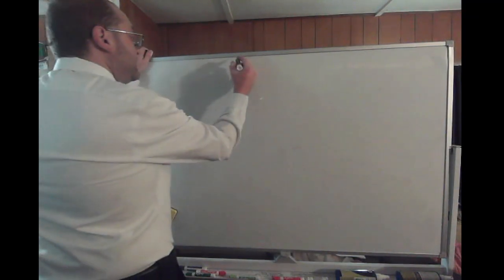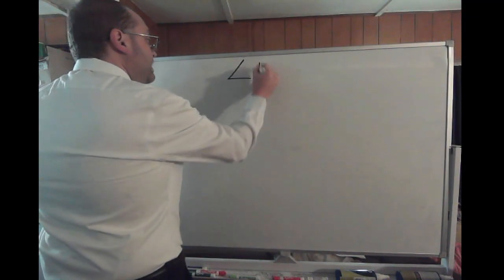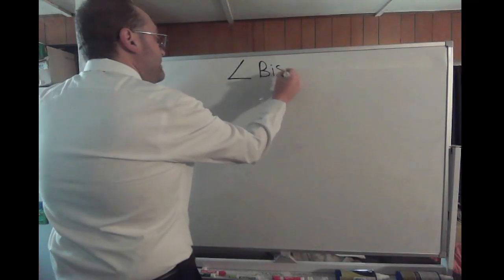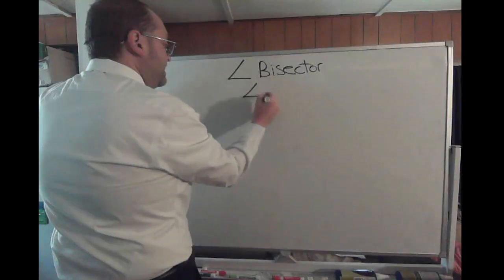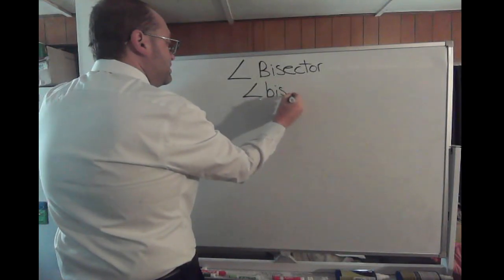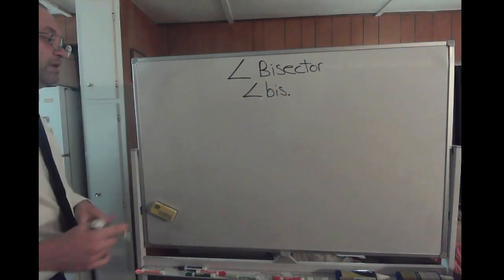And then we need to talk about the bisector of an angle. Alright, bisector of an angle, or you could say angle bisector, or you could just say angle bis. with a period. That's how you would abbreviate angle bisector.